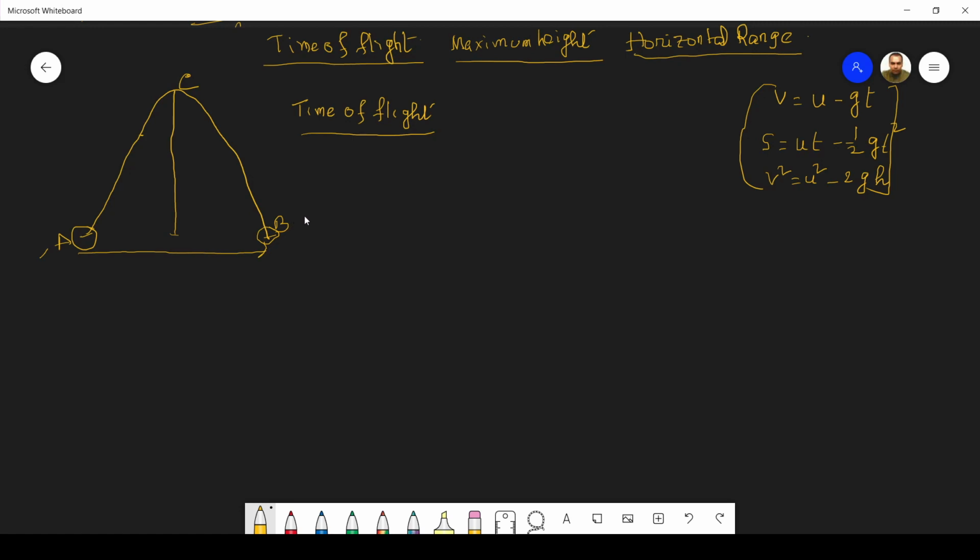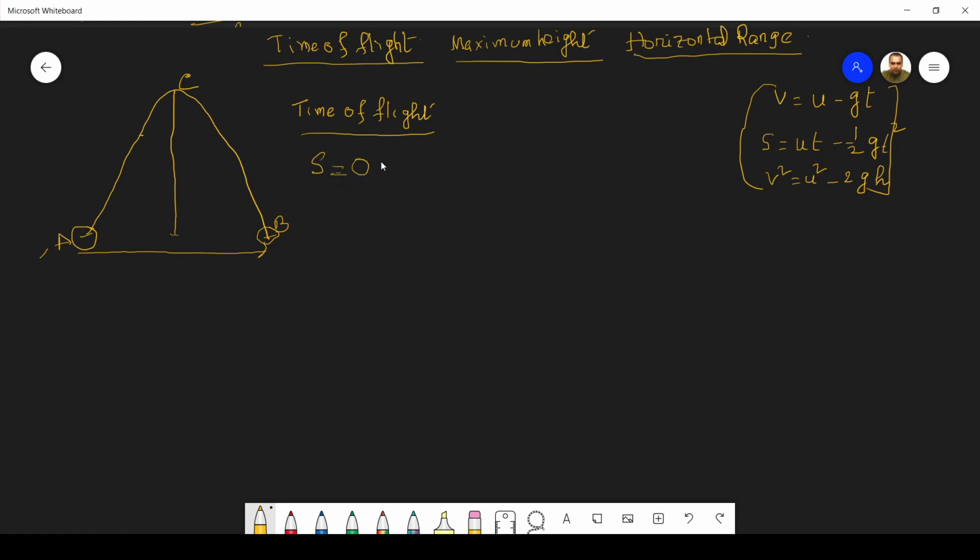So what is the vertical distance moved by the object? The vertical distance moved by the object is equal to 0. Why 0? Because at the end of its motion it is at point B, which is on the ground, so its motion can just be considered to be horizontal. Vertically, its distance traveled is equal to 0.